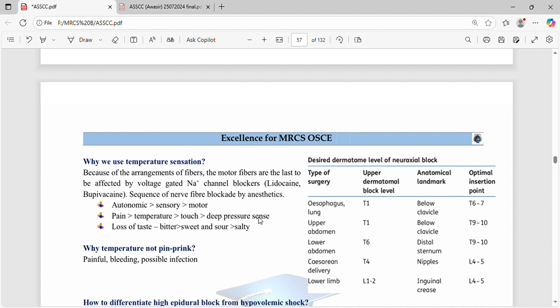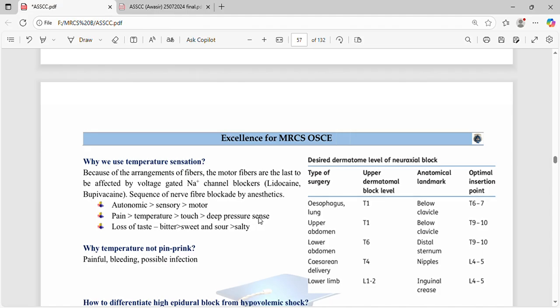Sequence of nerve fiber blockade by anesthetics: autonomic first, then sensory, then motor. Pain first, temperature after, then touch, then deep pressure sense. Loss of taste: bitter first, sweet and sour later on, and then salty at the end.